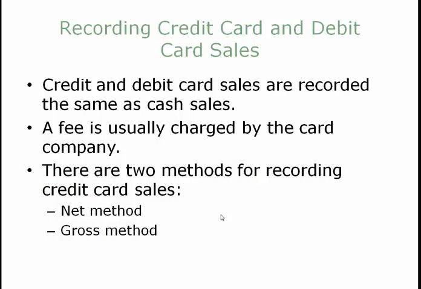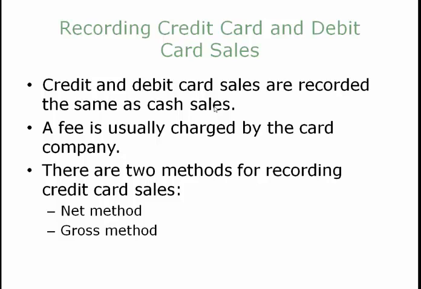Okay, now you have credit and debit card sales, and you notice here, this is a key point. They're treated as cash sales because the credit card companies guarantee a company that they are going to get the money for credit card sales. But for that guarantee, they charge the retailer a certain amount based off of the credit card sales.